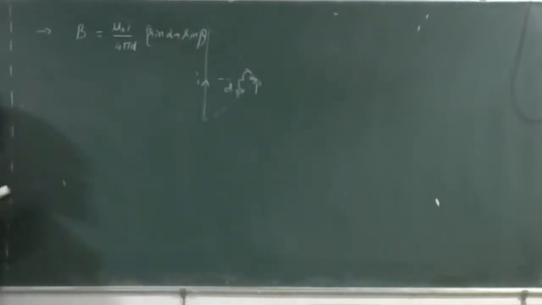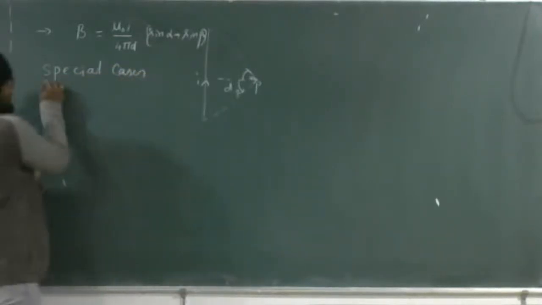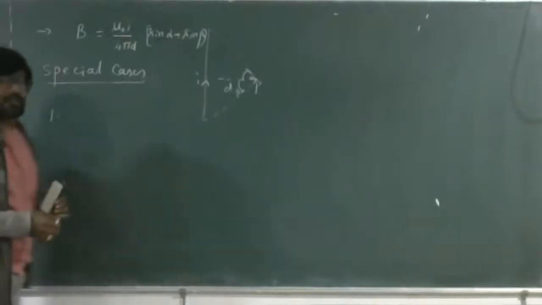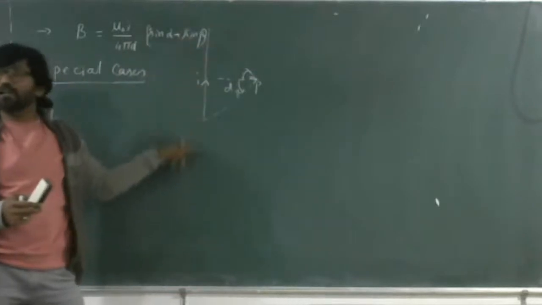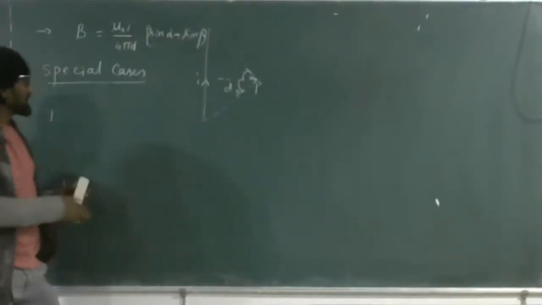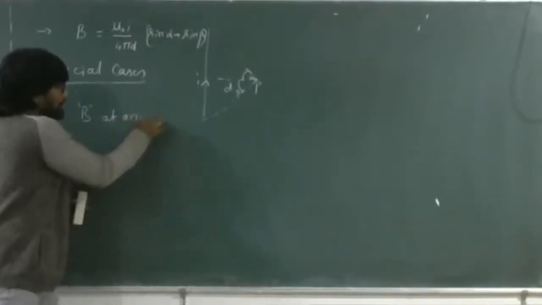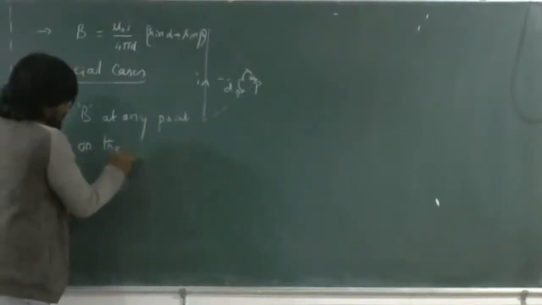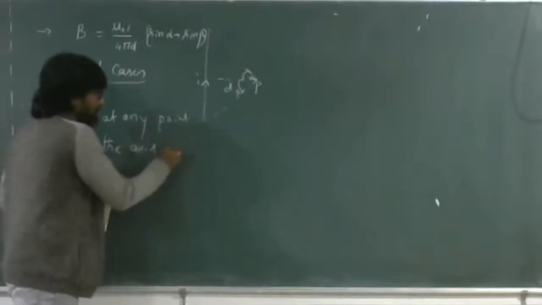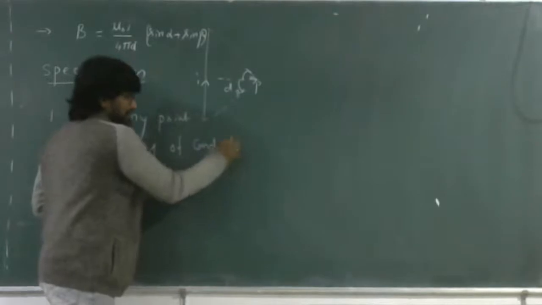Now let us see the special cases. First one is magnetic field B at any point on the axis of a current carrying conductor.